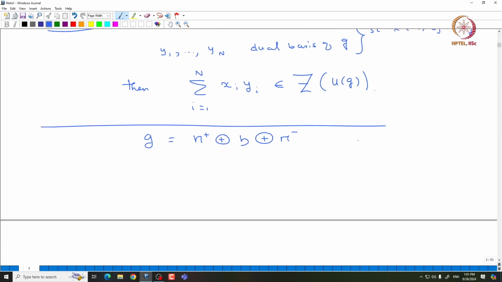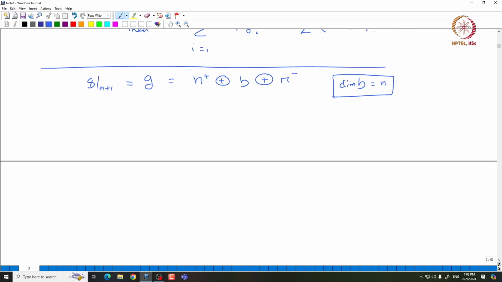The dimension of h is the rank of the Lie algebra, which is n. We are working with G equal to SL(n+1). N plus is the upper triangular matrices, and n minus is the lower triangular matrices that come from this SL(n+1).